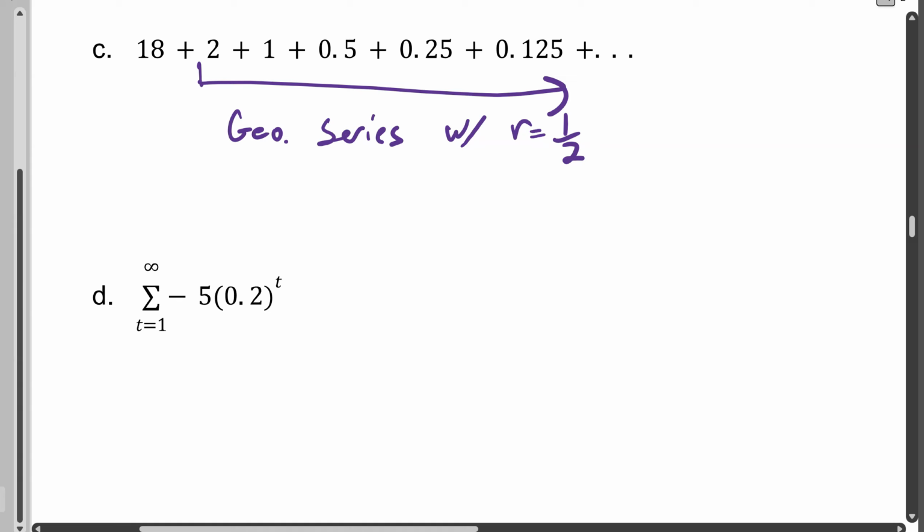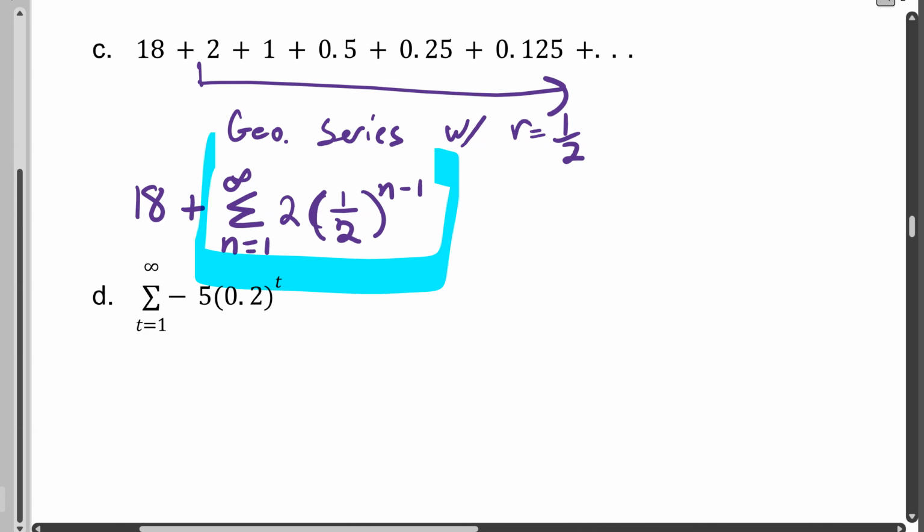So I can instead think about the series in my head as 18 plus, the sum from n equals 1 to infinity of 2 times 1/2 to the n minus 1. That's just the general term for that geometric sequence, and I put it in sigma notation to get me the series. So if this is 18 plus some converging geometric series, I would say this series does in fact converge, because this part right here is some finite number.